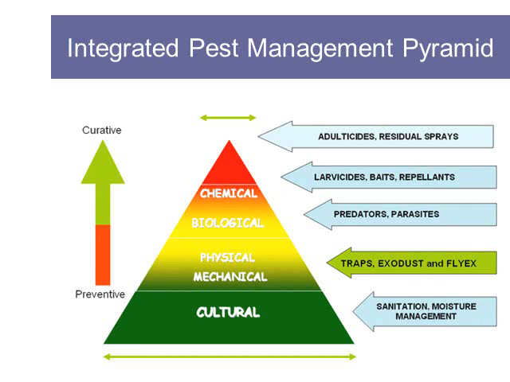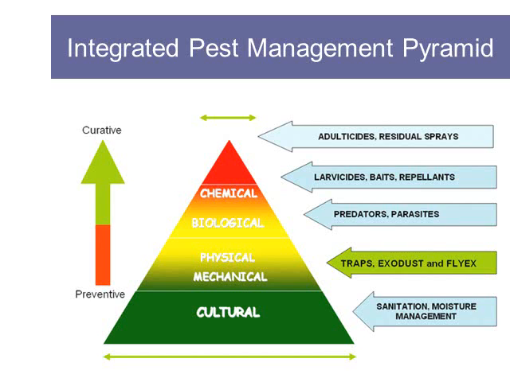The next step up is physical and mechanical removal: traps and something called exodust, which is a type of dust that mechanically kills the bugs. It does not kill them by poisoning them, so you can't have a genetic resistance to it. And so you use a bit fewer of that.